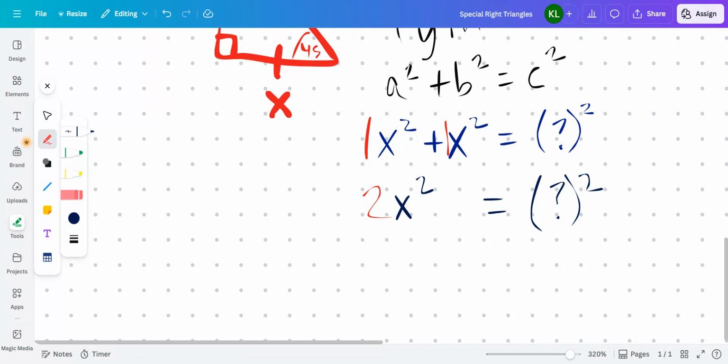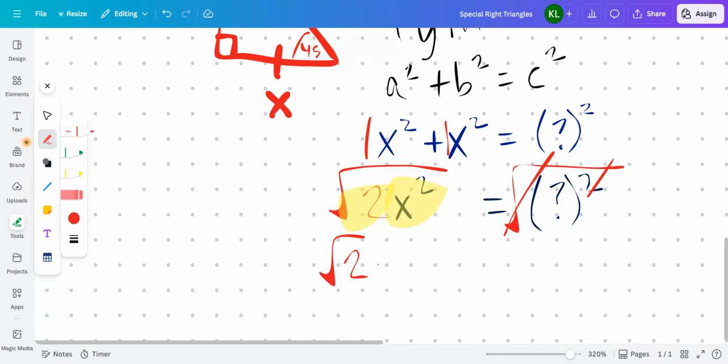Hopefully you remember, in order to eliminate that power of 2 from our unknown value that we're trying to solve for, we would take the square root of both sides of the equation. So taking the square root simplifies that power. What you do to one side of the equation, you have to do to the other. And by my properties of radicals, we know that we can actually split up this factor pair over here. This can be rewritten as the square root of 2 times the square root of x squared.